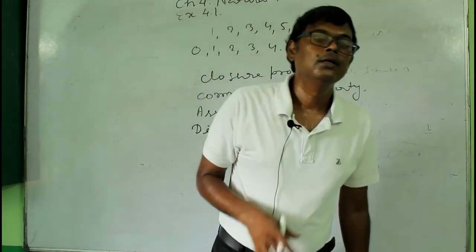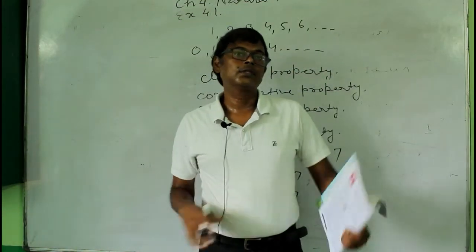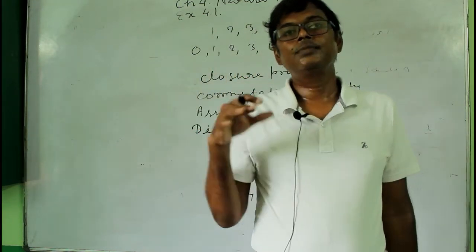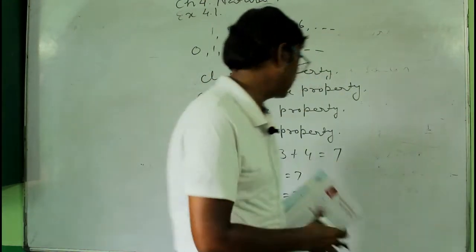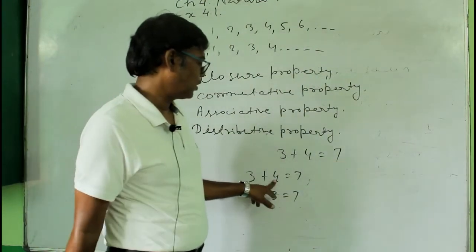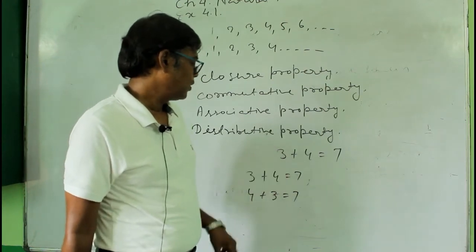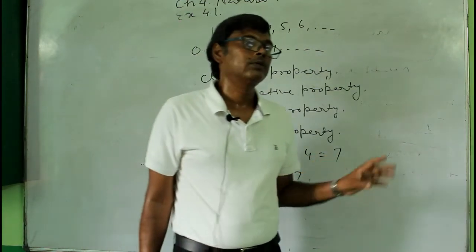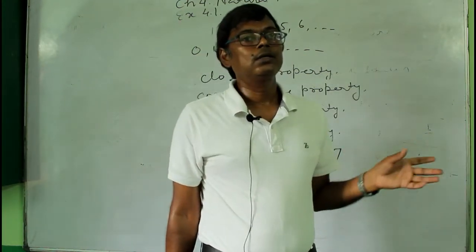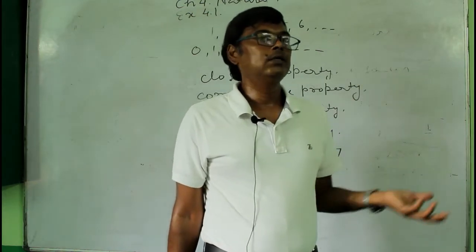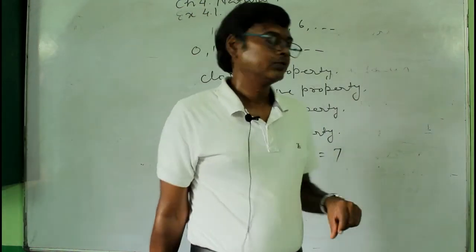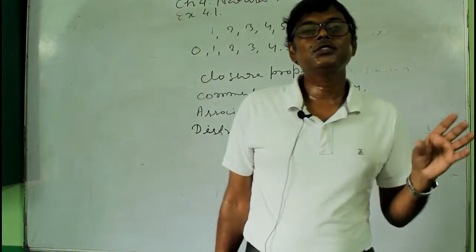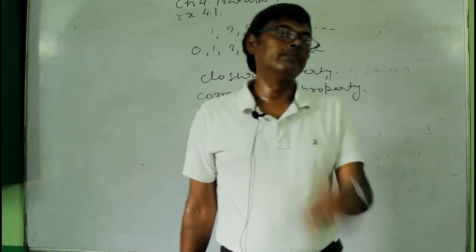That is, it means that if you change the order, the answer will not change. Here, first 3 is written, then 4 is written, and when we add both we get 7, and when we wrote 4 first and 3 after, the answer is still 7. So it means that if you change the order then it does not affect the sum of the numbers. Okay, so this is the commutative property. So it means that the commutative property is true for the addition of whole numbers.